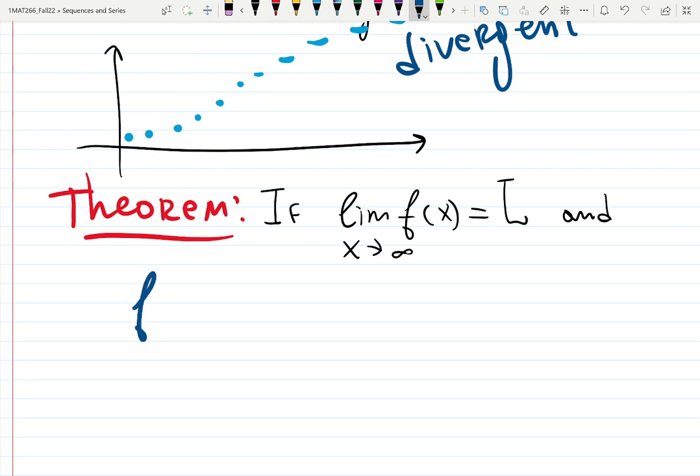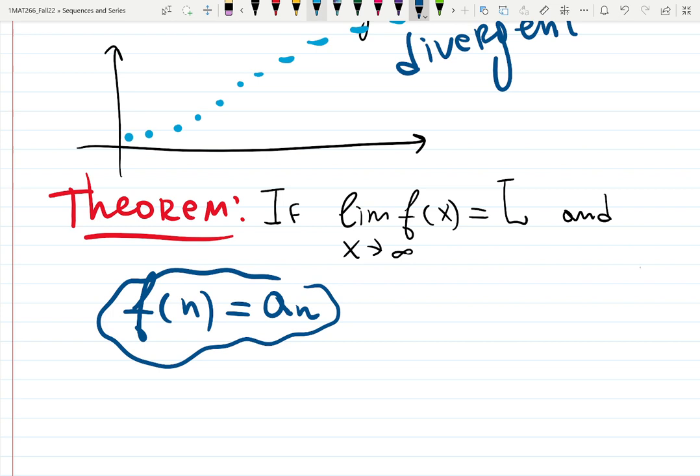At n number, it matches with the dot of the data. I'll write in parentheses where n is an integer or a counter, remember? It's a dummy variable that counts.